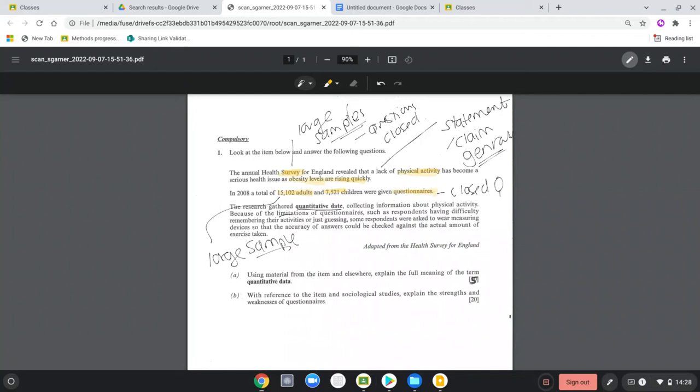Because of the limitations of questionnaires, such as respondents having difficulty remembering activities or just guessing, some respondents were asked to wear measuring devices so that the accuracy, because I see accuracy, it makes me think of validity. It's not accurate, and it's not accurate because there's an issue with having to remember the activities or guess.